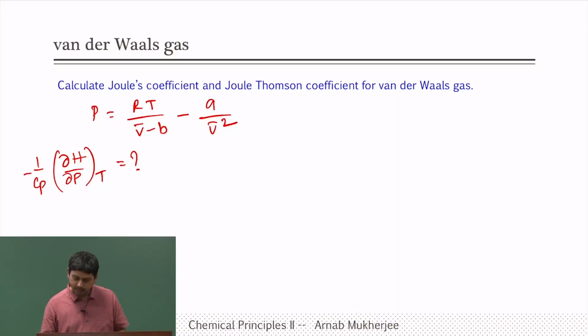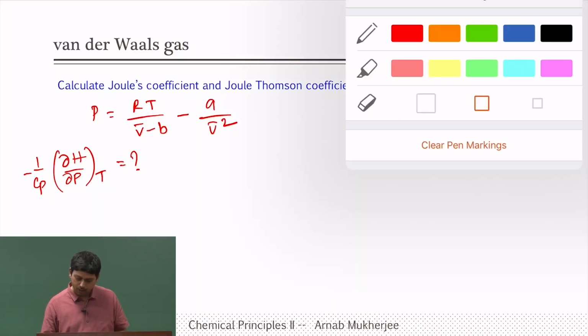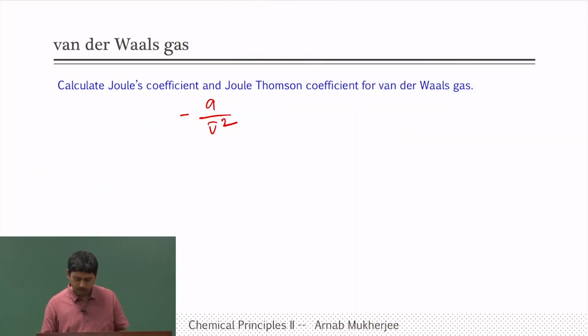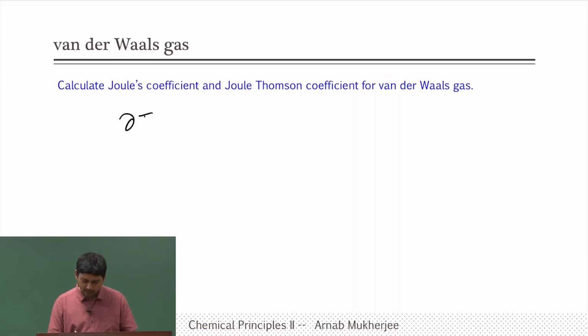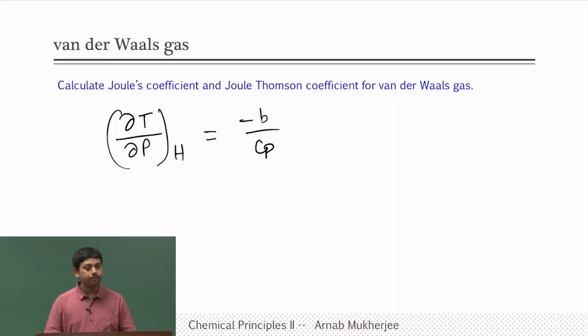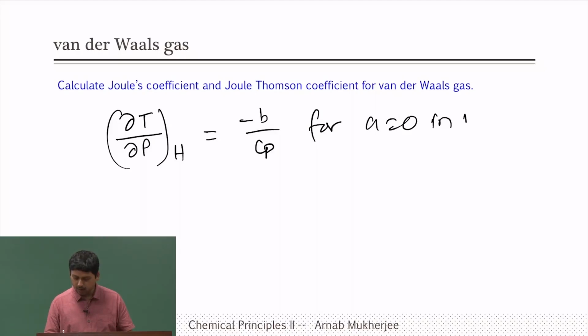Okay. So we have calculated that, so I am going to just delete this part, and I have the expression, right. So I will just write it down. So del T by del P at constant H is going to be minus B by Cp for A equal to 0 in a van der Waals gas.